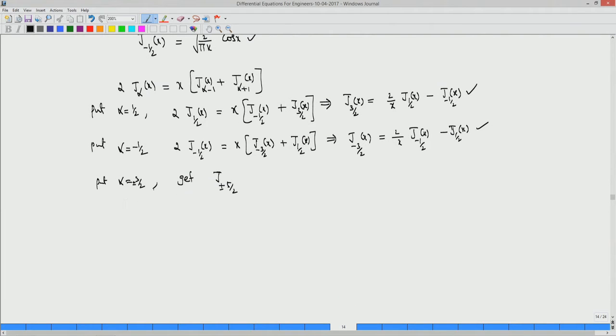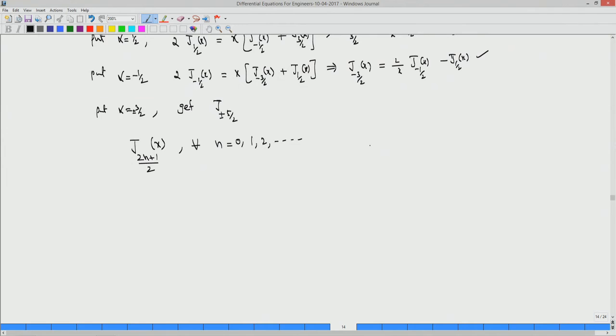So, this is how you can get all J 2n plus 1 by 2 of x, for every n, 0, 1, 2, 3 and so on. So, everything is known.